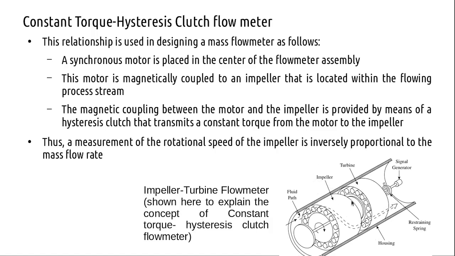What is done is that you assume this mechanism has a synchronous motor. A synchronous motor is placed at the center of the flow assembly, and this is magnetically coupled to the impeller that is located within the flowing process stream.